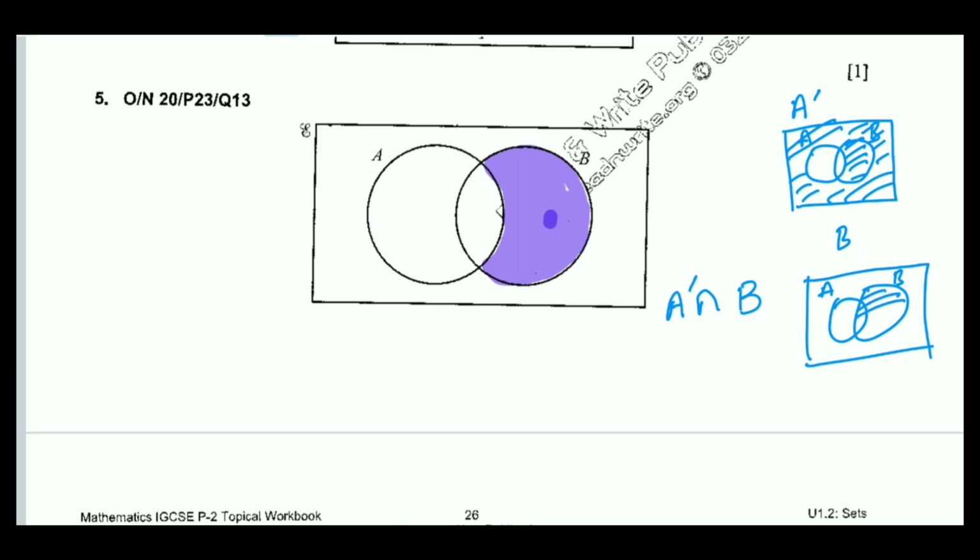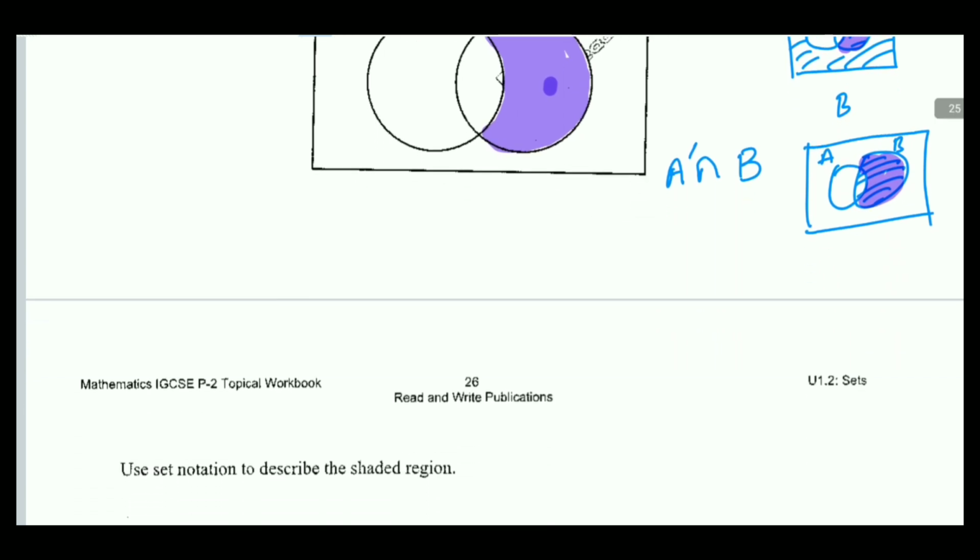This is the B part. So if you are writing intersection here, intersection means the intersected parts in both figures. Intersected parts mean the common part that is shaded in both figures. So the common part that is shaded in both figures is this one. Look at this. So you will write intersection here. So A complement intersection B is the final answer of this question.